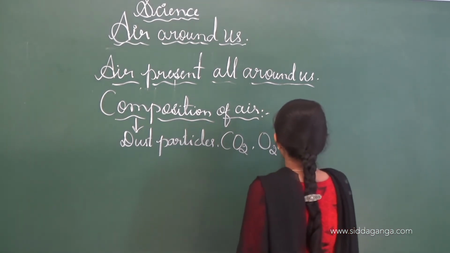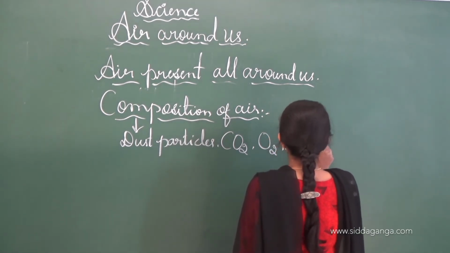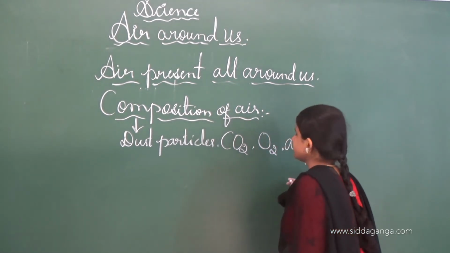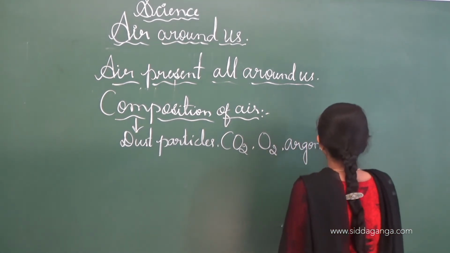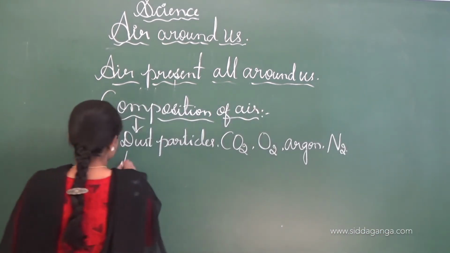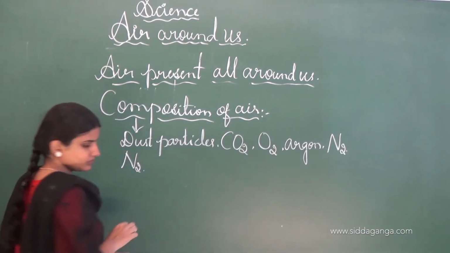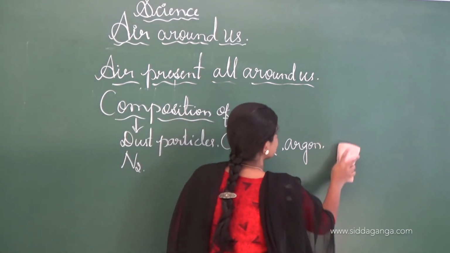And argon is one of the gases which is present in the atmosphere. Nitrogen, this is the formula of the nitrogen. See, nitrogen is usually abundant in nature.